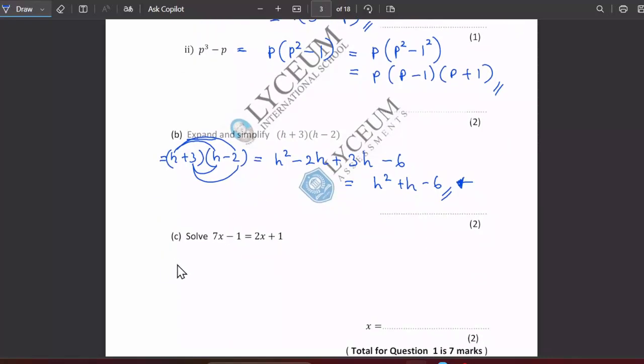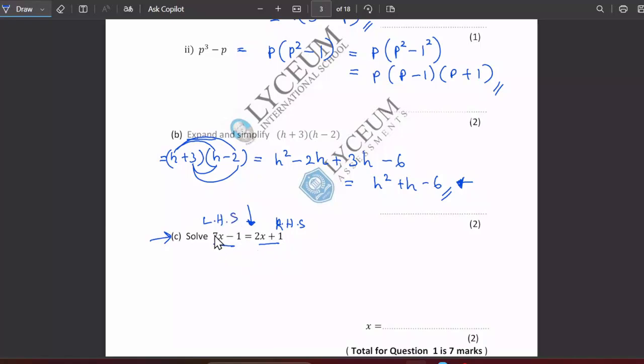Okay. Now in the C part, they ask us to solve this equation. Equation means we have an equal sign and we have two sides to the equation. Right hand side and left hand side. Okay.